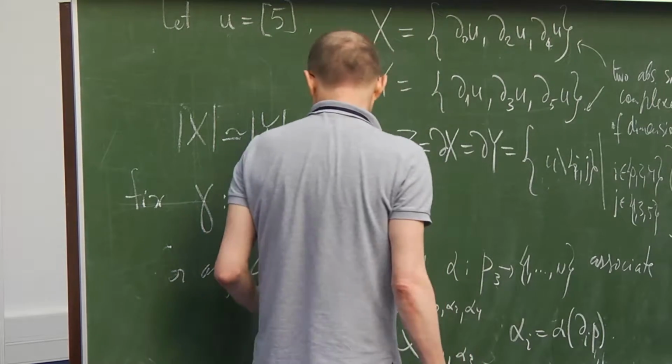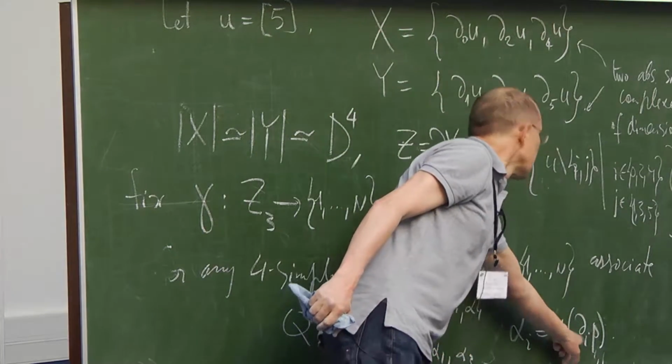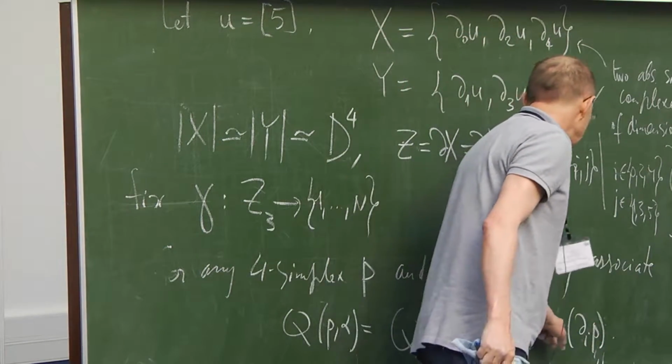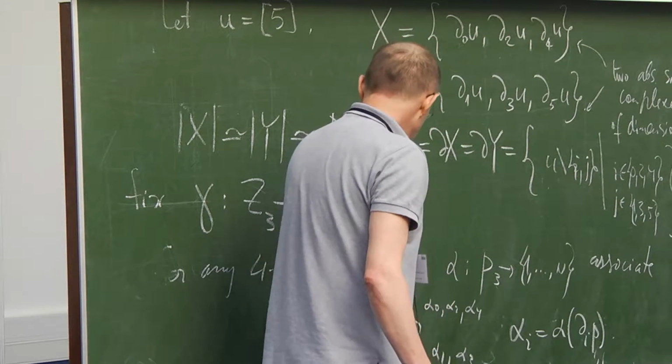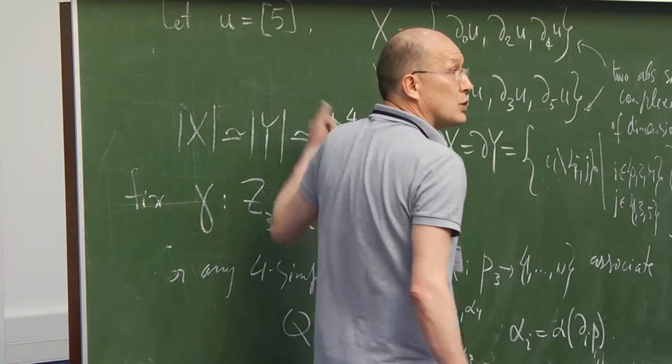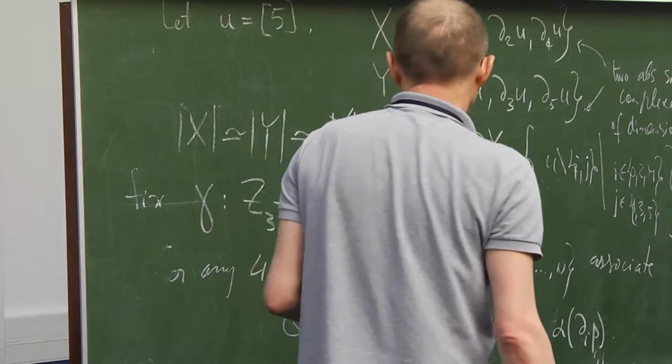This is the 4-simplex, so the boundary is 3-dimensional. I color them by my index set, and this denotes just the number which was entering into the identity.